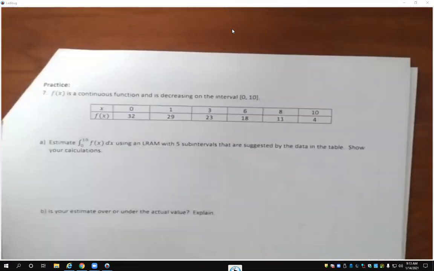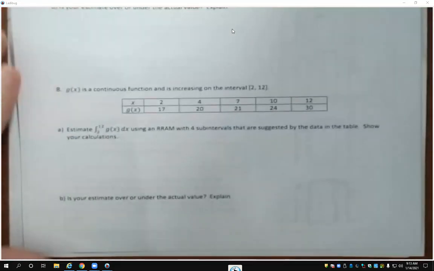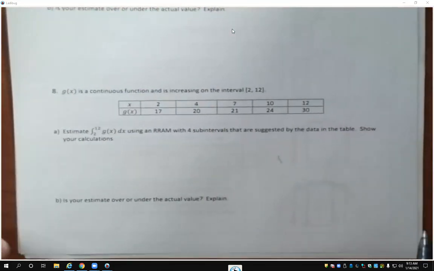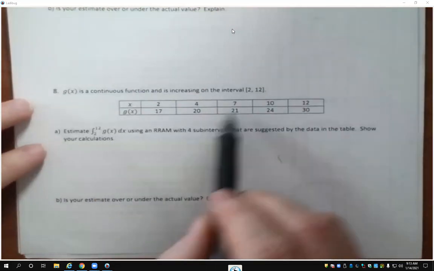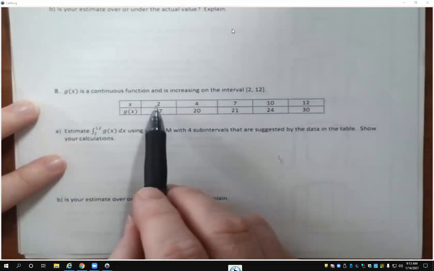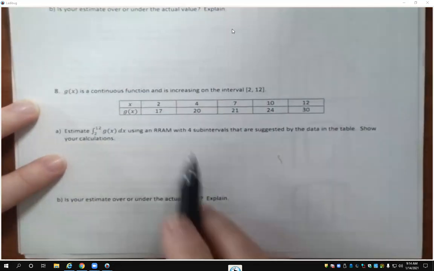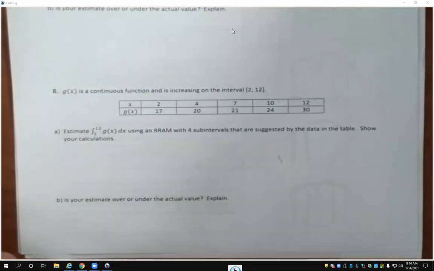I only want to get to one more of these because I have a few things I want to talk to you about. So let's just do number 8, which is going to be an RRAM one, but they're all basically the same. For number 8, we are estimating the integral from 2 to 12 of g of x dx, and our table goes from 2 to 12, using an RRAM with 4 subintervals that are suggested by the data.